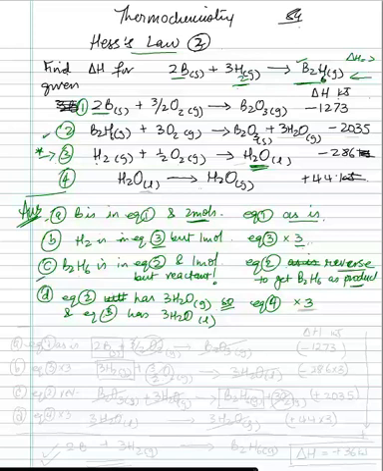Borane, which is B2H6, is on the product side, but in equation number 2 it is actually on the reactant side, so we need to reverse this equation. And then finally, our last strategy is for the last equation that's given to us, 4, which is water, liquid going to gas, and we have to multiply by 3 so that we can cancel out all the waters that we will have in the equation.